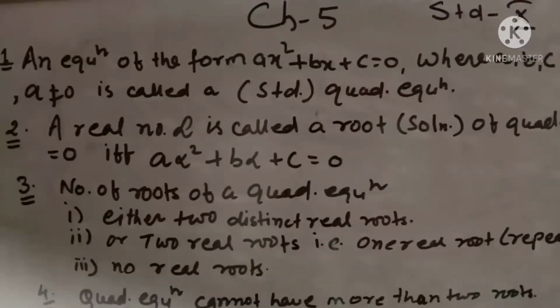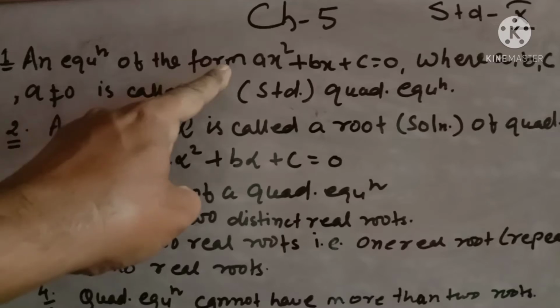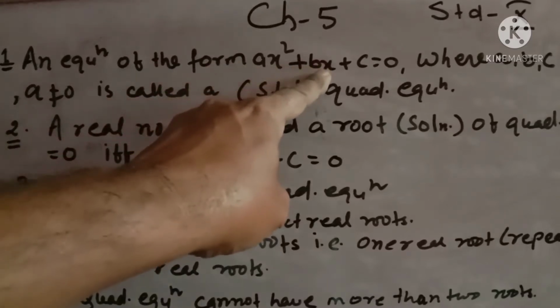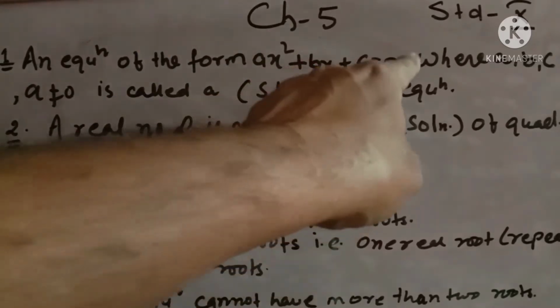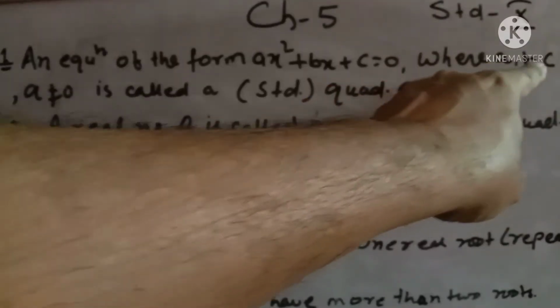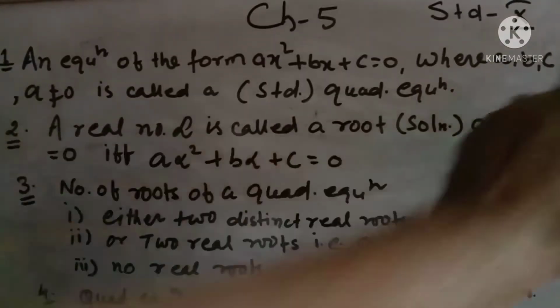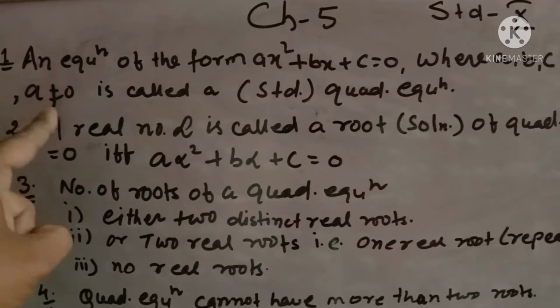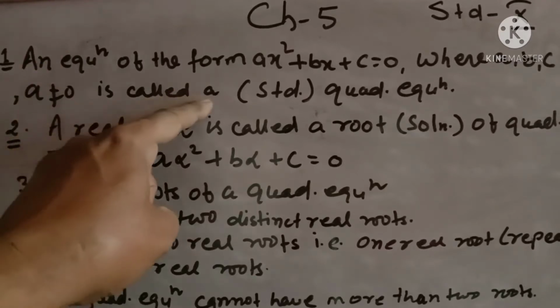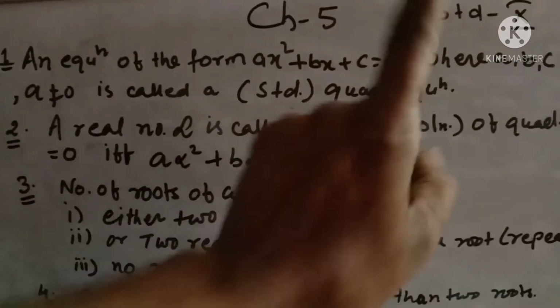Children, in this chapter we have to understand what we mean by quadratic equation. An equation of the form ax square plus bx plus c equal to 0, where a, b and c are real numbers and a is not equal to 0, is called a standard quadratic equation.